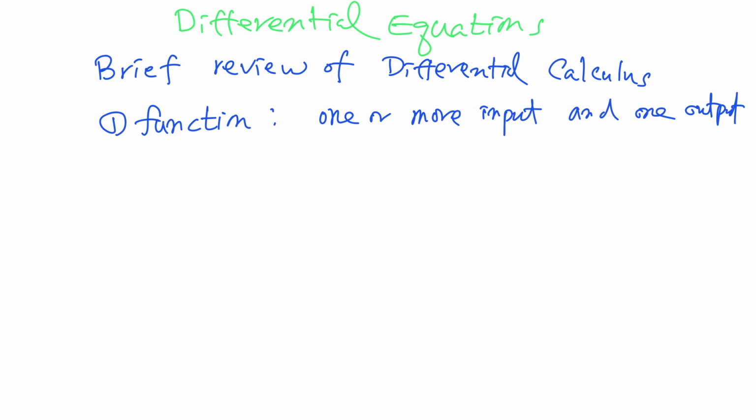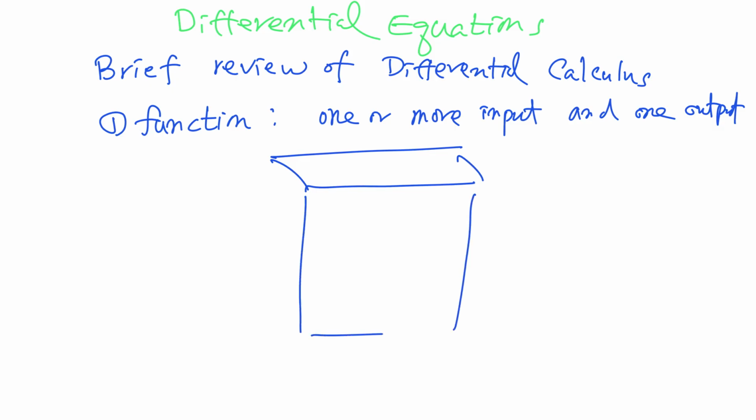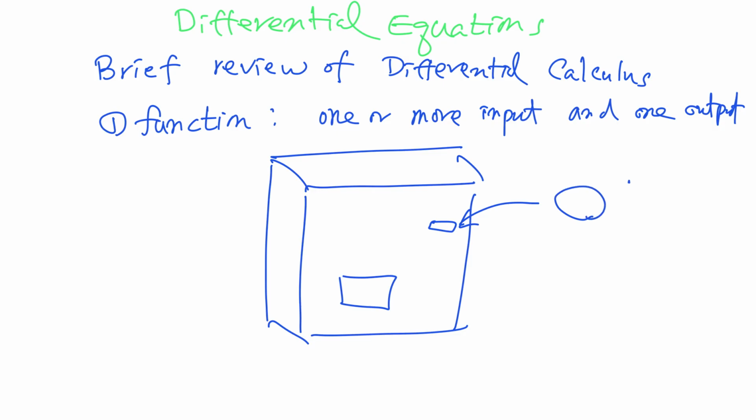So a typical case of a function is a vending machine you can find outside of this classroom. Coffee machine, vending machine. So you put some coin or some paper money and one cup of coffee comes out, right?